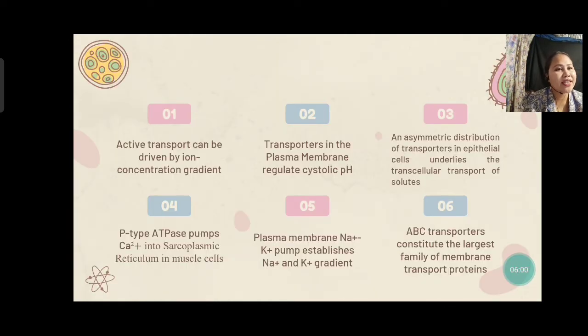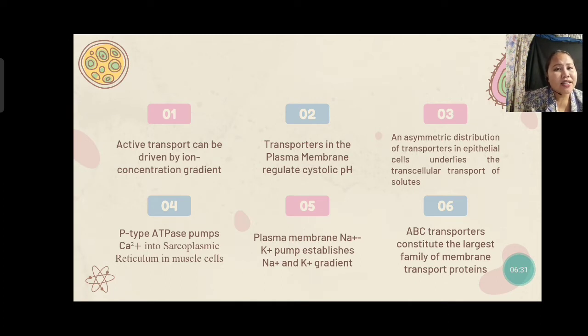So, there are six things that we will discuss about the transporters and active membrane transport. Number 1, active transport can be driven by ion concentration gradient. Number 2, the transporters in the plasma membrane regulate the cytosolic pH. Number 3, an asymmetric distribution of transporters in epithelial cells underlies the transcellular transport of solutes.